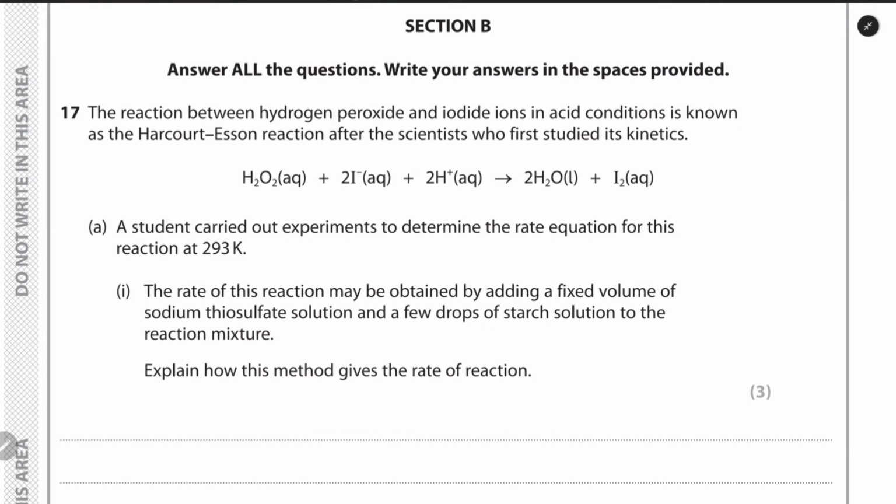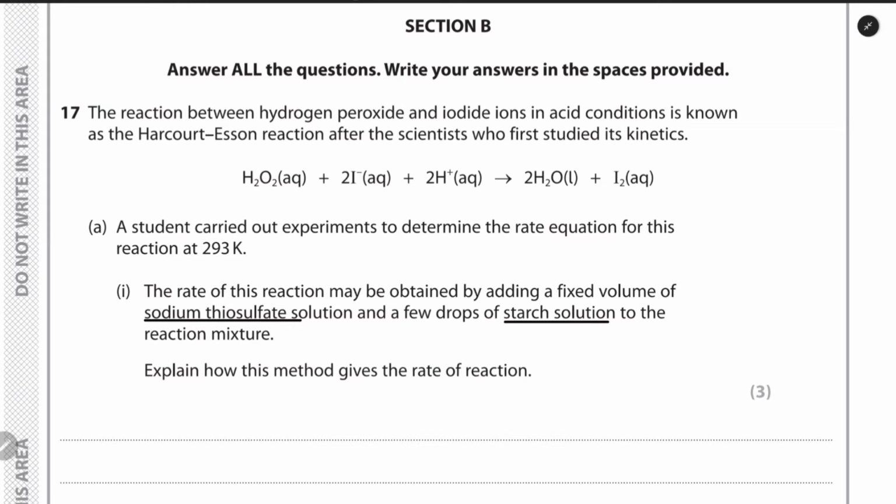In question 17 we have a reaction between hydrogen peroxide and iodide ions in acidic conditions. In this case we are told in the first question that the rate of this reaction may be obtained by adding a fixed volume of sodium thiosulfate and a few drops of starch solution.